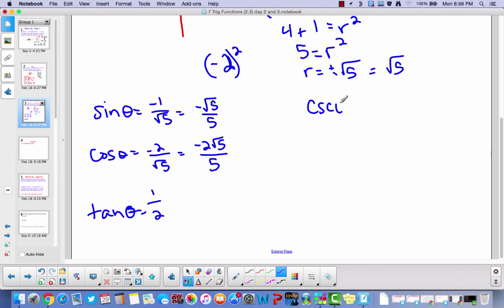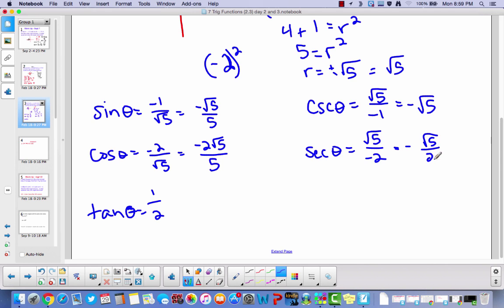Cosecant of theta, remember, is the reciprocal, 1 over this. Again, it's always easier to do it before we rationalize to take the reciprocal. So that's the square root of 5 over -1, which is the negative square root of 5. Secant of theta is the reciprocal of cosine. So we're going to take the square root of 5 over -2, which is negative square roots of 5 over 2.